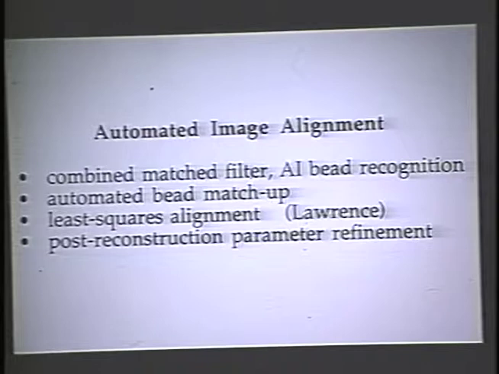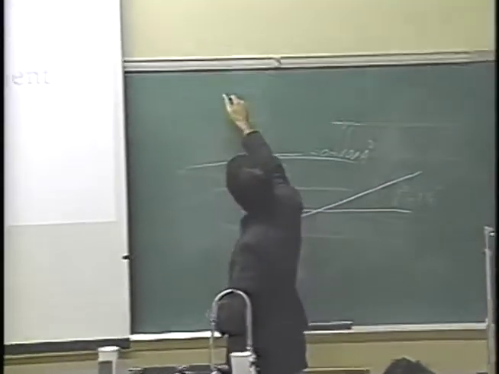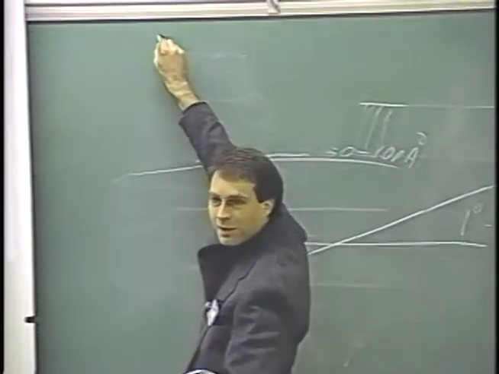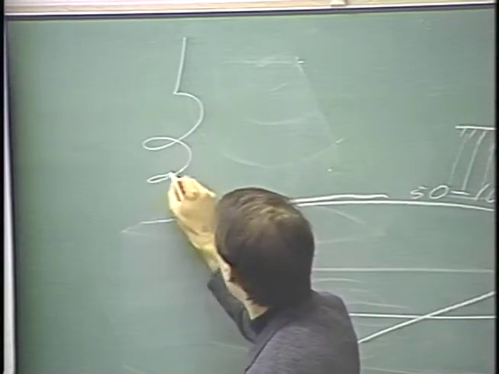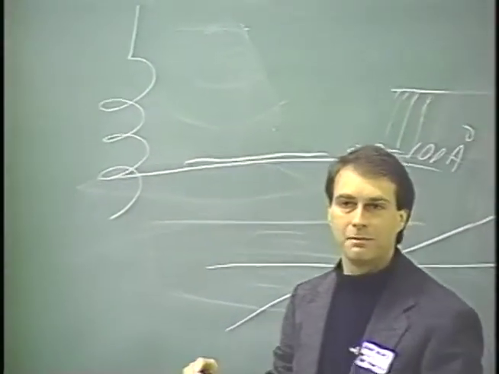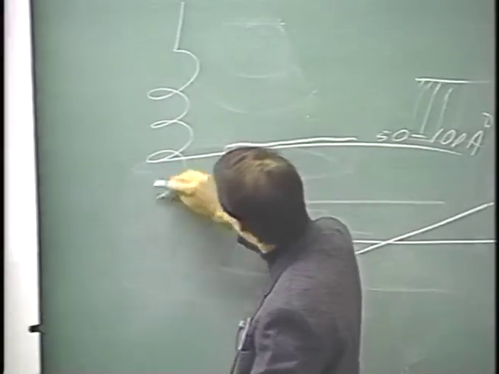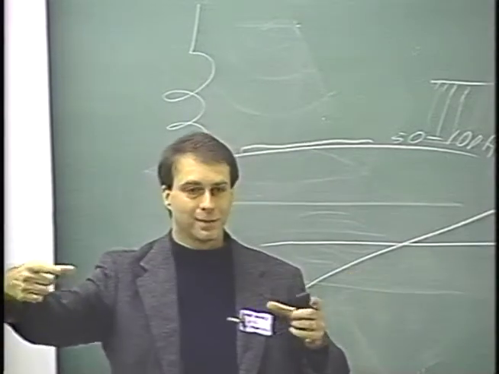Now, as you know, can I have the lights for a second? Well, as you know, as the electrons come down the column in the microscope, because there's a magnetic field there, of course, they spiral, right? And as you change the magnification on most scopes, you're essentially sampling this at different locations. So your image effectively rotates, okay?